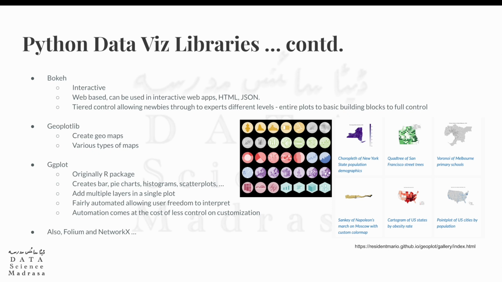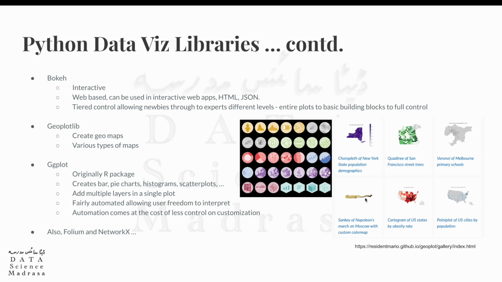Geoplotlib is a Python library that is used to create geographical maps, and it allows various types of maps. On the right hand side you can actually see some examples. So you can see there is New York State population demographics being visualized, Melbourne primary schools, even Napoleon's march on Moscow in the 19th century, which is being visualized starting in Western Europe, moving into Russia and then returning.